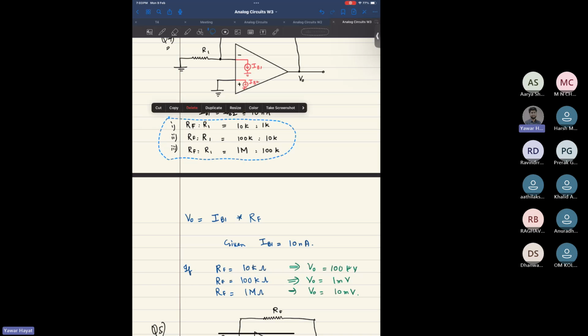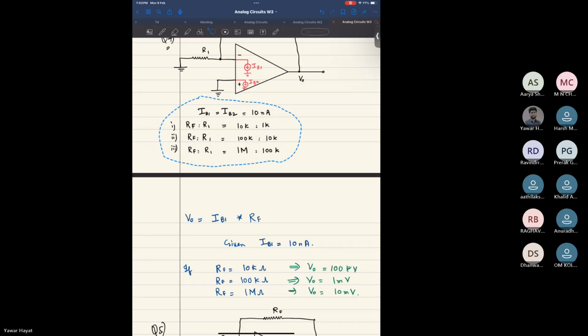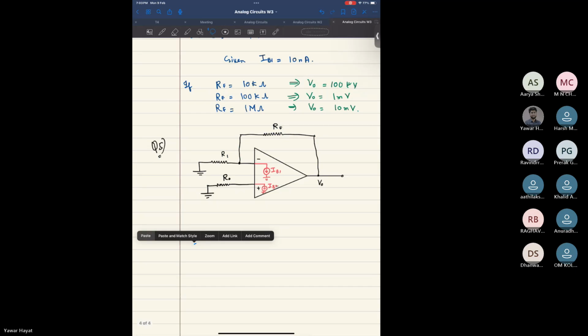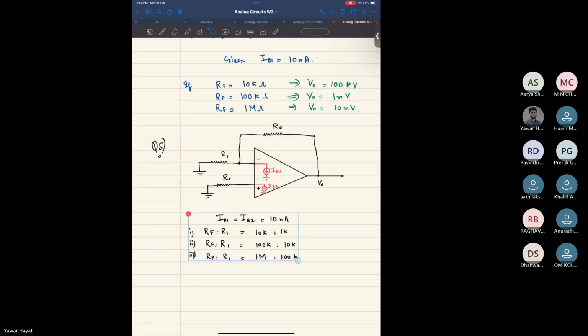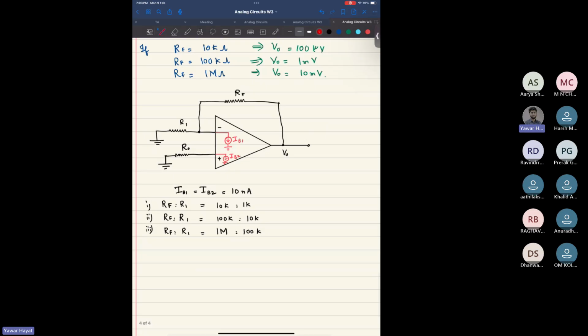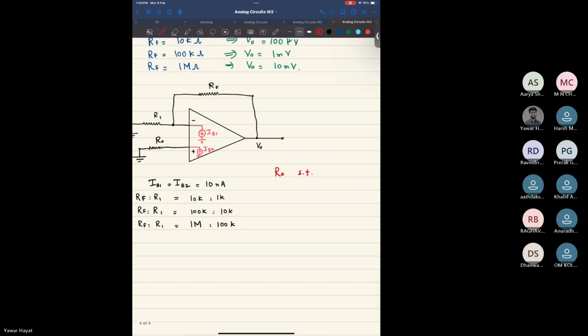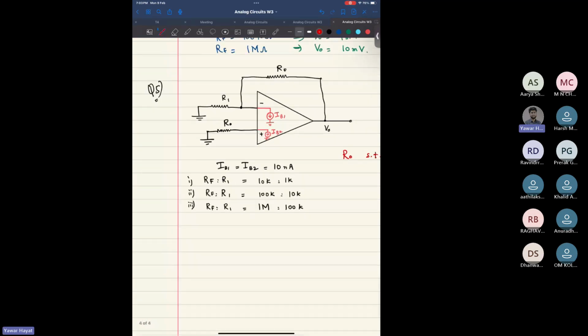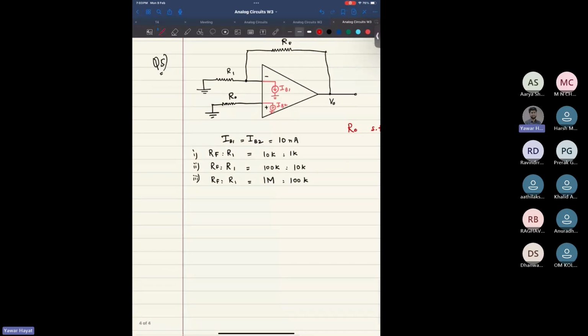We'll be considering, in fact, I'll copy this entire bunch. Okay, we need to find R naught such that VO is 0.